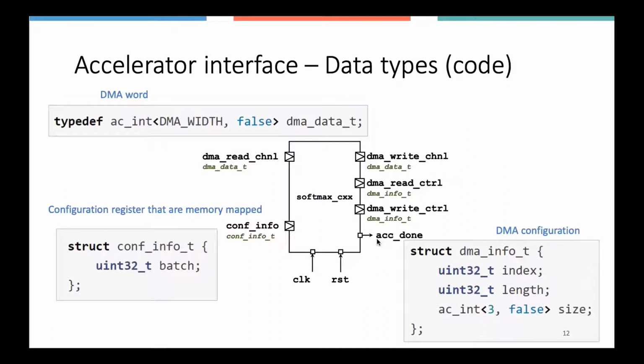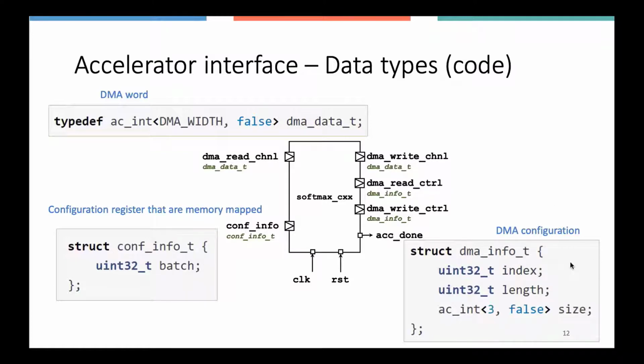In addition to the communication and synchronization channels, the accelerator interface relies on the following data types. We have a data type, more properly a C++ structure, for the configuration registers that are memory mapped, conf_info_t. In this case, for the softmax, there is only a single register for the size of the batch. Then we have a data type to specify the DMA configuration.